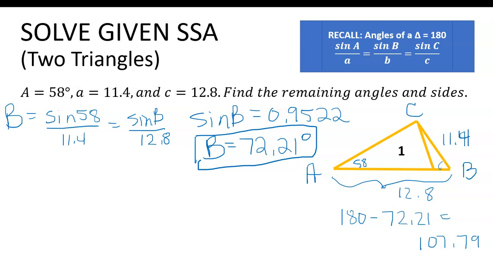Okay, so let's start with our C. So we now know A and B for our first triangle. So we can get C by doing that same method where you subtract from the 180.